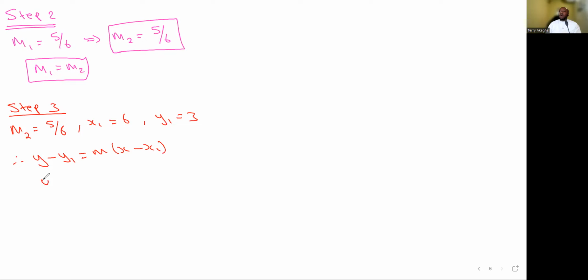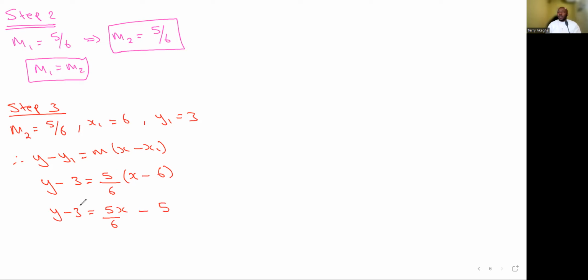x1. And that will give you y minus y1, which is 3, is equal to 5 over 6 times x minus x1, which is 6. Then that will give us y minus 3 is equal to 5x over 6 minus 5 over 6 times 6, which will give you what?